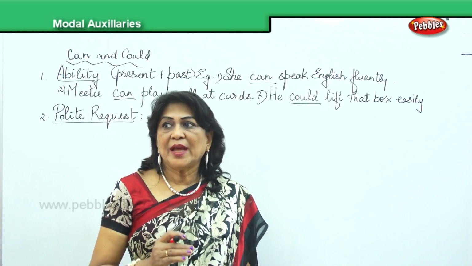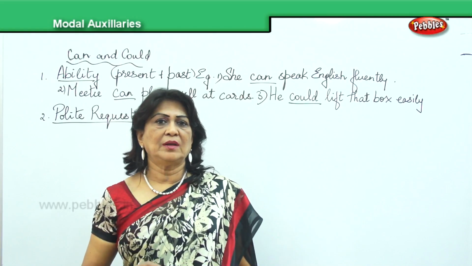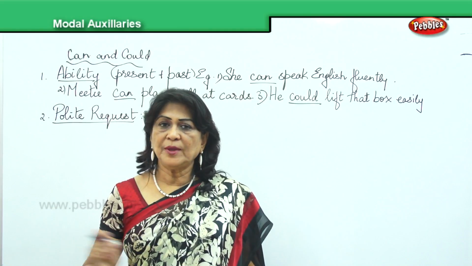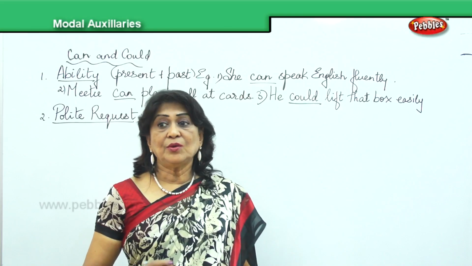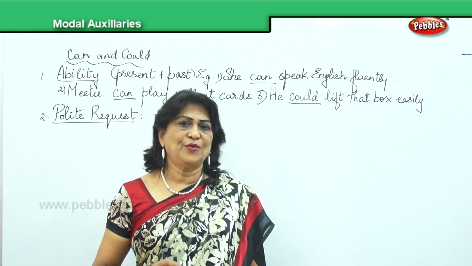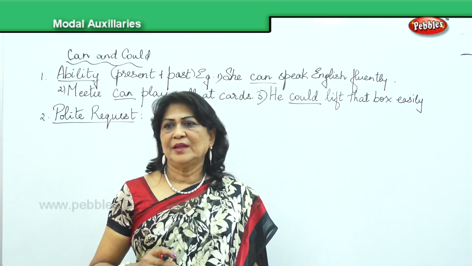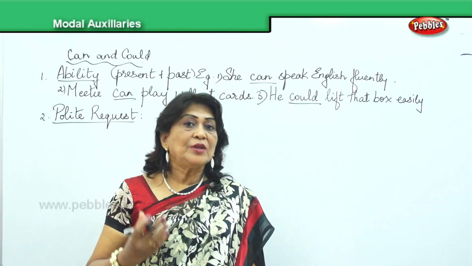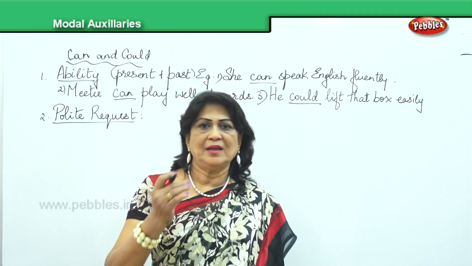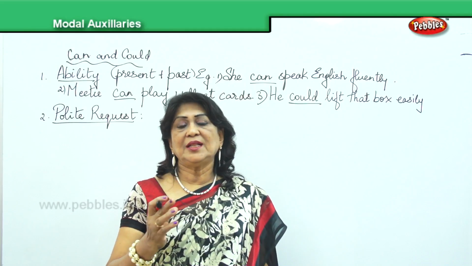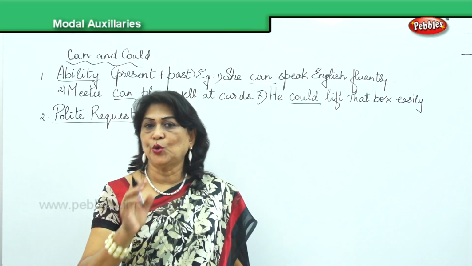Okay? Like, could I please use the phone, or could I use your phone please? This is how you speak. You don't go and ask, can I use the phone, or can I do this? Could you please keep quiet? So, that is a polite request. So, in these places we use only could.